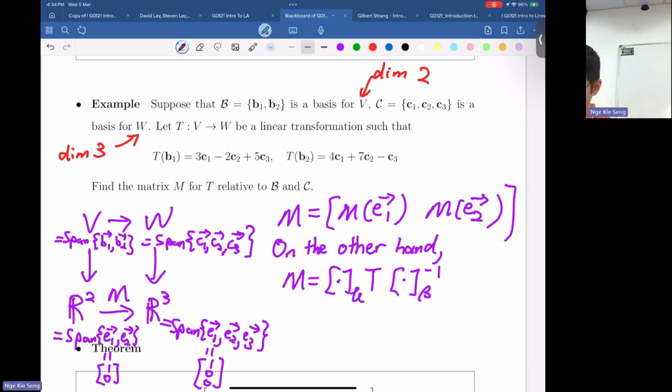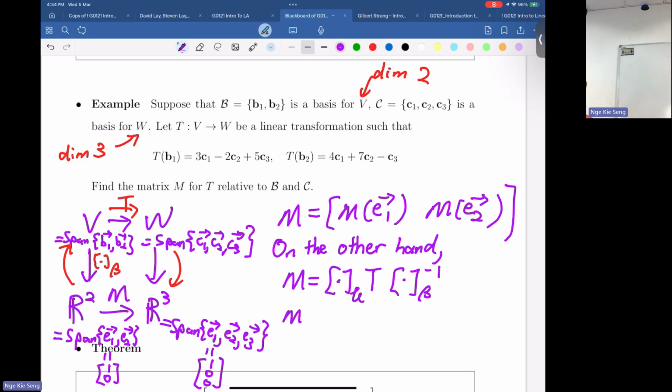This is the arrow here. So we're going backward on this, then going forward using T, and then going forward again. Can you follow? Any questions? Please ask. Okay, so we're going to check this on E1 and E2.